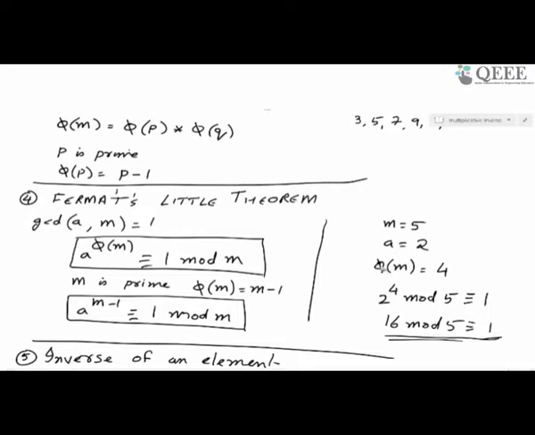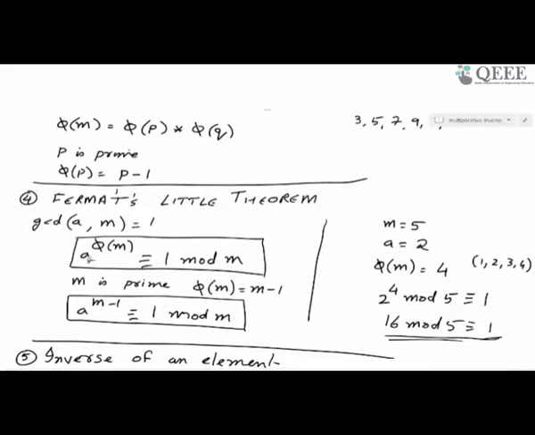Then phi of m is the number of numbers which are relatively prime to m. Since 5 is a prime over here, the number of numbers relatively prime to 5 is 4, that is 1, 2, 3 and 4. All of them have a GCD of 1 with respect to 5. So phi of 5 is 4.